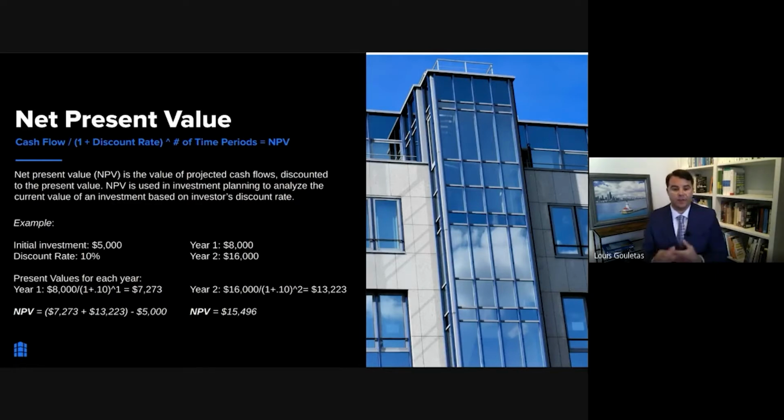So this is a very simple example of just 2 years. We've gone beyond the NOI of just 1 year that cash on cash and cap rate saw to 2 years, based on the 10% that I think I'm going to get from the stock market plus inflation. What is the value of these cash flows 2 years from now, today?